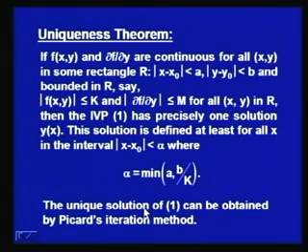The unique solution of the initial value problem dy/dx equal to f(x,y), where y(x0) equal to y0, can be obtained by Picard's iteration method.